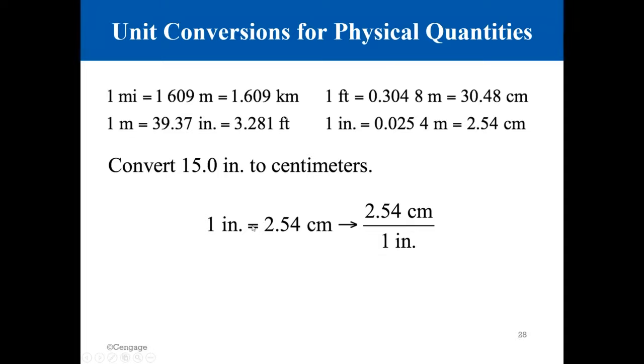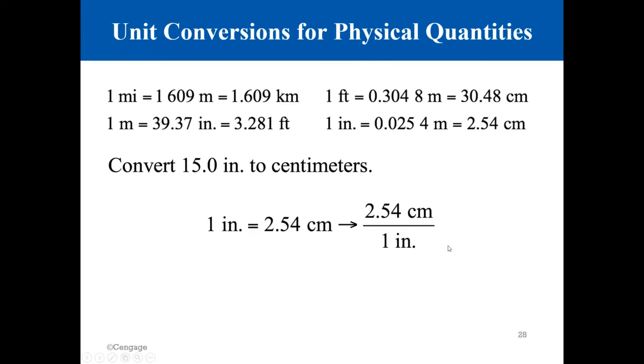For example, convert 15 inches to centimeters. We know that 1 inch is 2.54 centimeters. So we have this factor, 2.54 centimeters divided by 1 inch. This is unity. This is 1, because 1 inch is equivalent to 2.54 centimeters. As you know, in mathematics, we can always multiply by 1 or divide by 1.